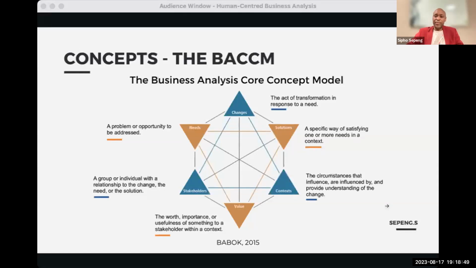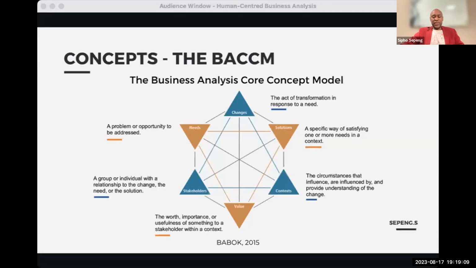So context might be the only concept that we might have missed in that definition, but it refers to the circumstances that influence or are influenced by and provide understanding of the change. And so it's quite critical to understand this in that context.